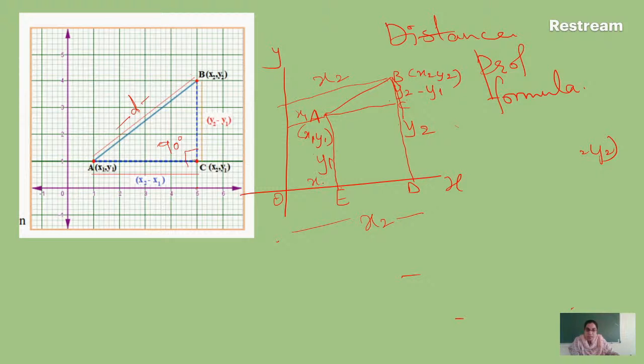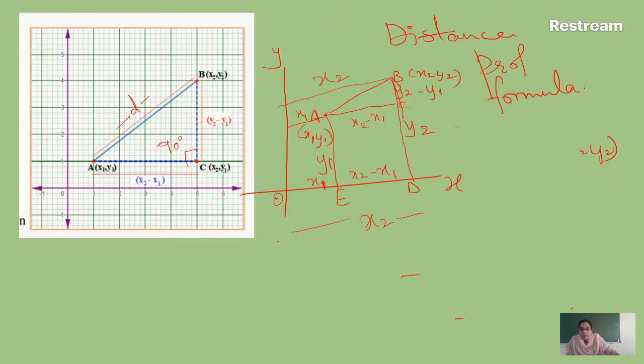Means OE is x1 and OD is x2. To get ED, I have to do x2 minus x1. And ED is the opposite side of AC. As it's a rectangle, opposite sides will be equal. AC will be x2 minus x1, BC will be y2 minus y1.